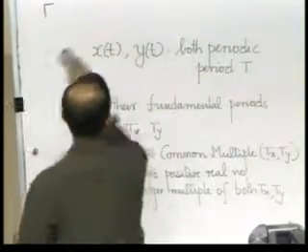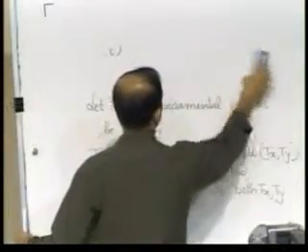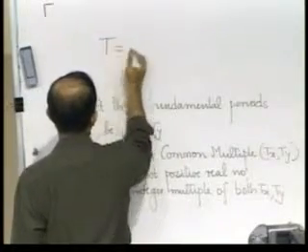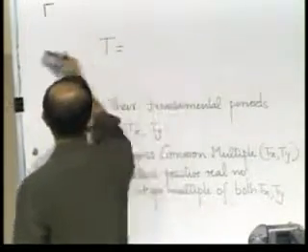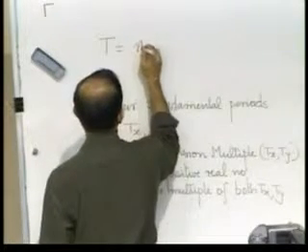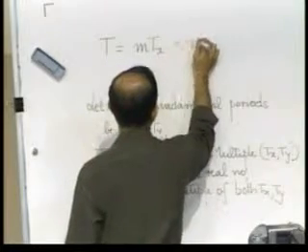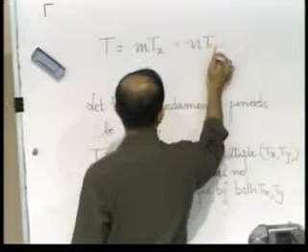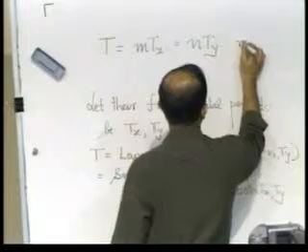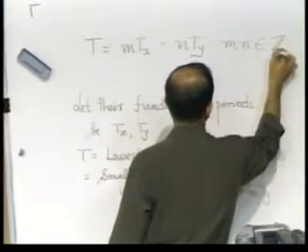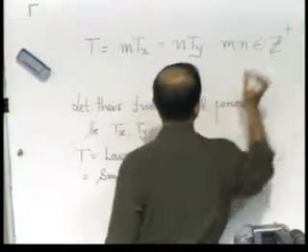Therefore we may write down T is m times Tx is equal to n times Ty, where m and n are positive integers, belonging to Z plus.